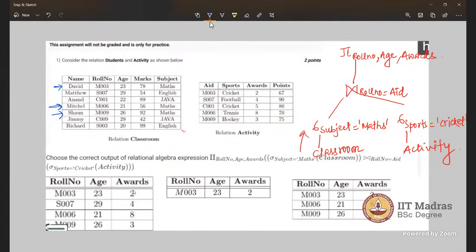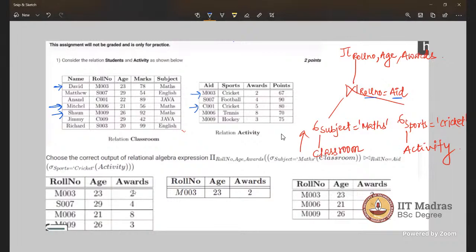These three tuples will come. And in activity we check for sports equal to cricket, that is these two. Then we apply the theta join, that is roll number equal to AID, so we check for the matching column.